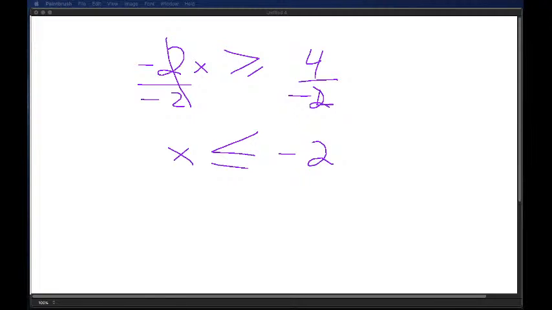So I'm just trying to find a nice inequality. So this is for 5.